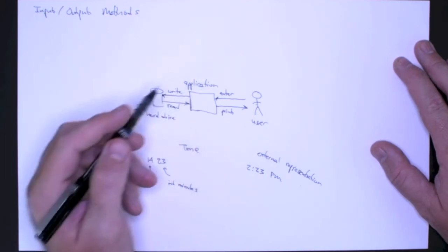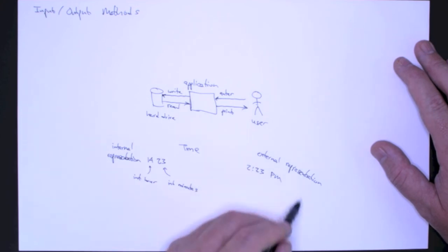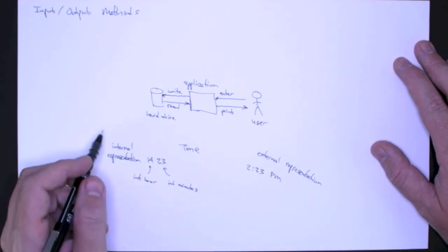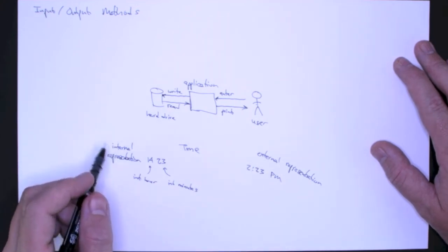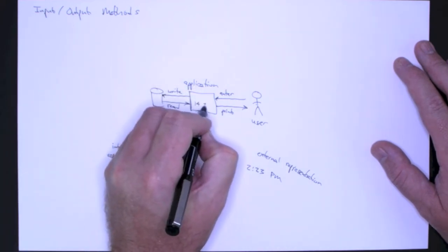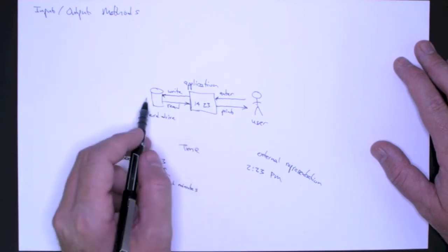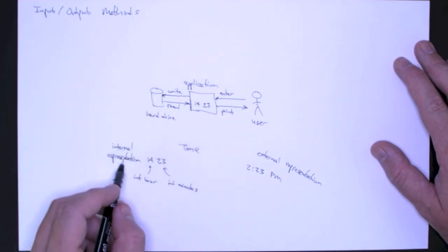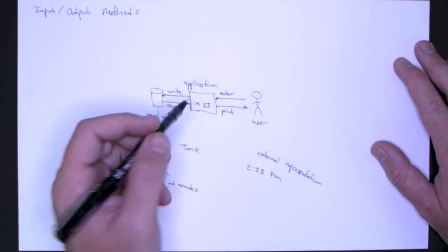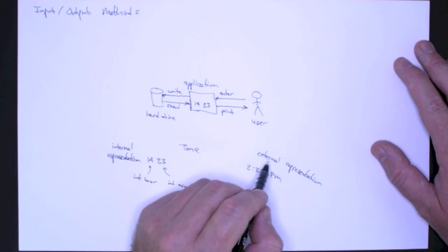Now, how the application actually stores it, does the application store it in this format or does it store it in this format? That's a design decision. I think for me, I would probably store the information in this internal representation. I would read and write it to the disk using this internal representation. And then when I needed to present it to the user, I would simply convert it using the print method.